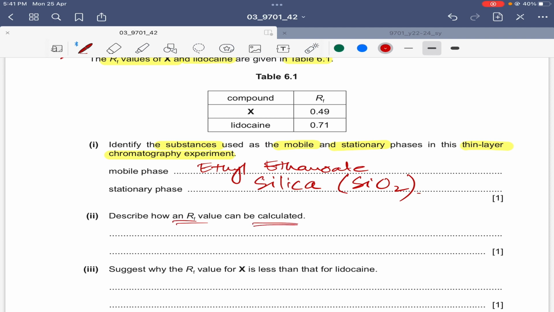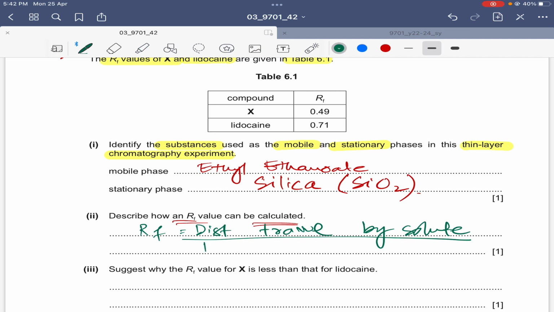So RF is the distance traveled by the solute divided by distance traveled by the solvent up to the solvent front.